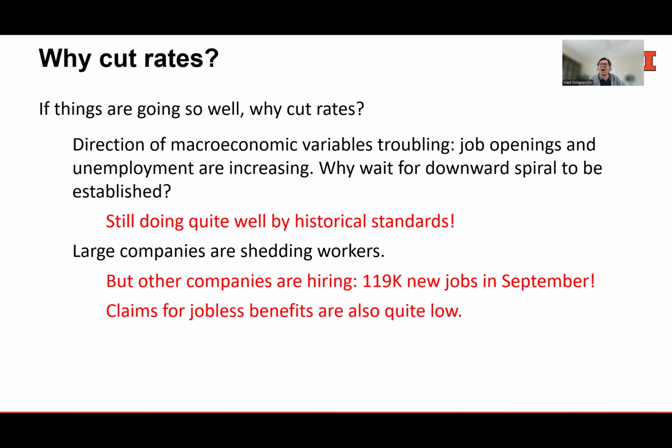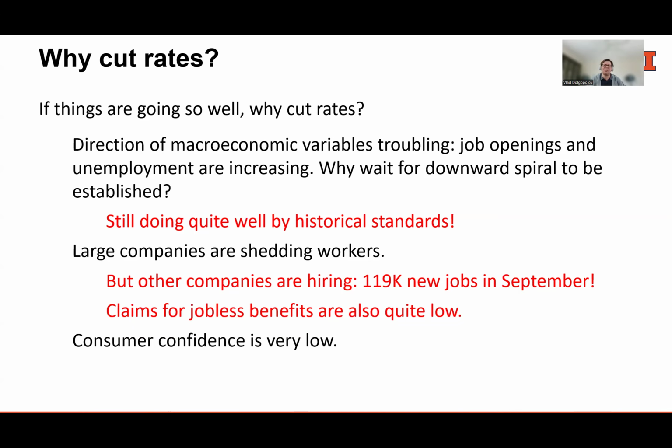And the claims for jobless benefits, which is your real-time signal, because this gets published weekly, I want to say, and Hadi, correct me if I'm wrong, but I think these are weekly reports. If you track the jobless benefits, the new claims tend to be very low by historical standards. And then the final argument for cutting rates might be, well, look at consumer confidence.